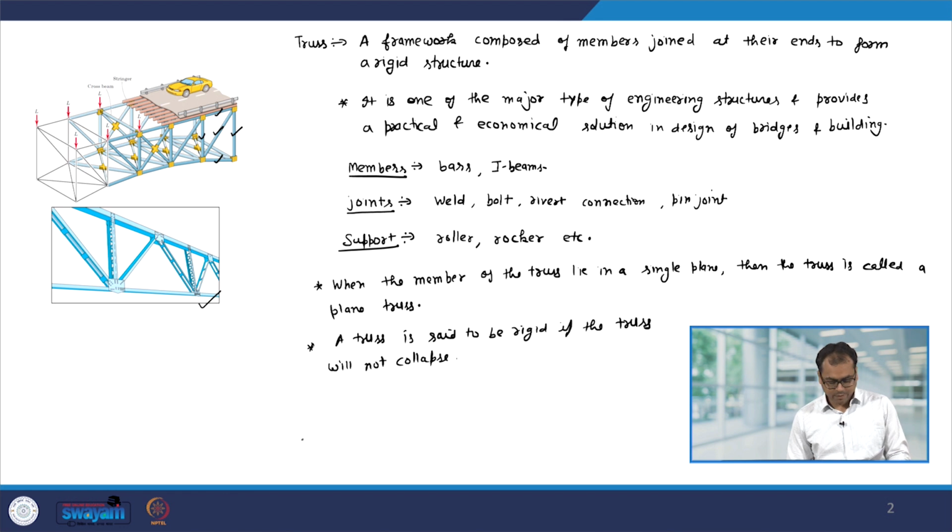Let us say I have a bar and I connect another bar using a pin. Now, from the pin the bar can rotate. So, therefore, you can visualize that this truss is not rigid because from this end the bars are going to rotate. So, this cannot be sturdy. So, if the question is is it a rigid truss, then the answer is no.